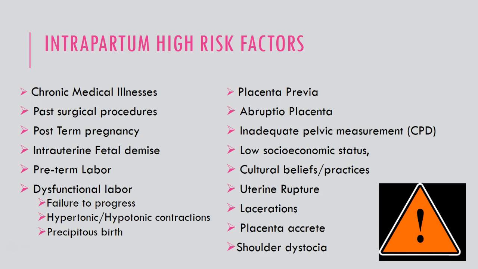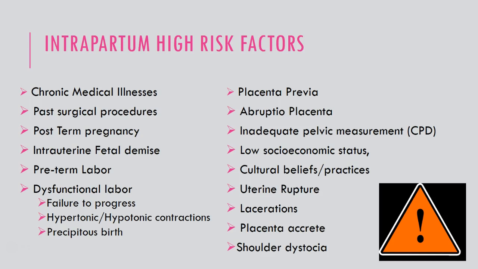individuals that have an intrauterine fetal demise, they're more at risk for infection. Preterm labor, individuals that are having some dysfunctional labor or dystocia. So they may have a failure to progress through the labor process. The cervix doesn't dilate or efface. They're experiencing hypertonic or hypotonic contractions, or there's some type of precipitous birth.